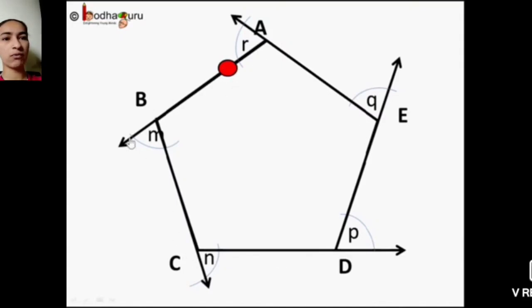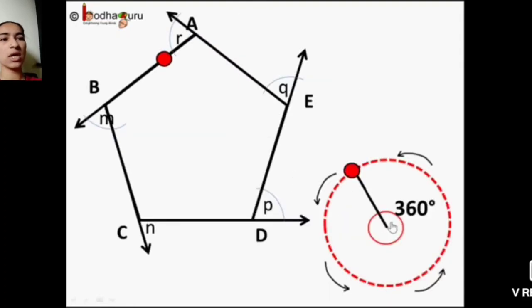The sum of the angles of that full turn will be 360, because the angle of a full complete turn is 360. I have completed this round from A, B, C, D, E to A again. That means I am going in a circular manner. You can see here, I was here, then I went from here back to my original position.